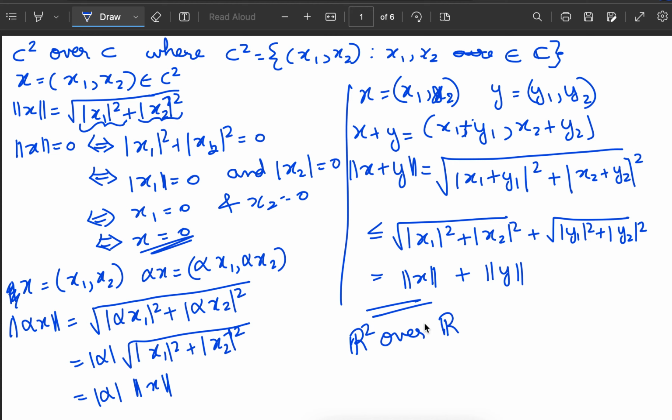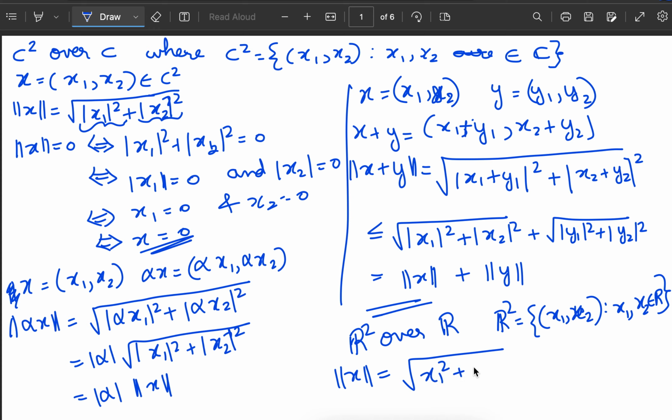Consider the vector space R square over R, where R square means collection of all (x1, x2) such that x1, x2 are real numbers. We define norm x is equal to square root of x1 square plus x2 square, which is the usual formula to find the distance of a point (x1, x2) from the origin.